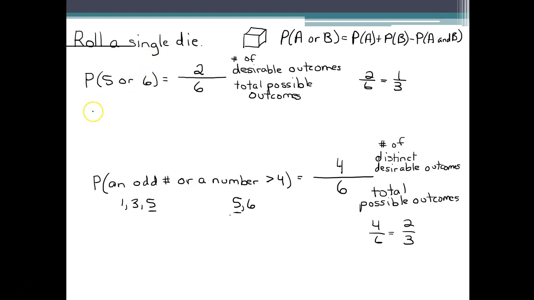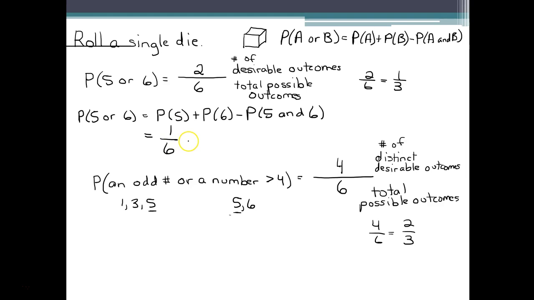All right, probability of 5 or 6. That is the same thing as probability of 5 plus probability of 6 minus the probability of rolling on one time a 5 and a 6 simultaneously. The probability of rolling a 5 is 1/6 because you got one way to get a 5 out of 6 total possible outcomes. Plus probability of rolling a 6 is also 1 out of 6 because you have one way to get a 6 out of 6 possible outcomes.